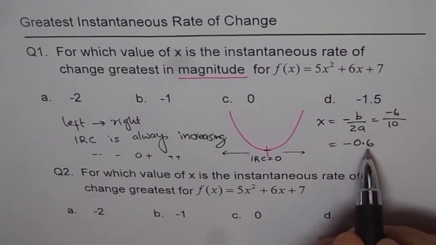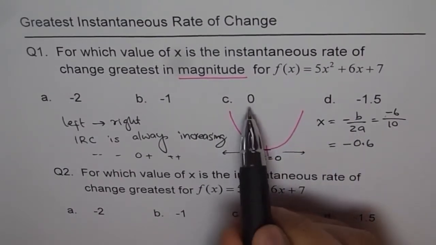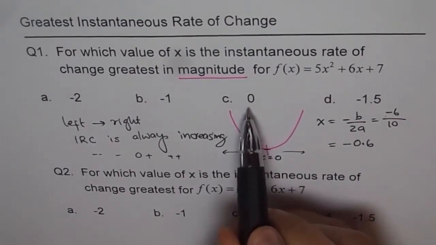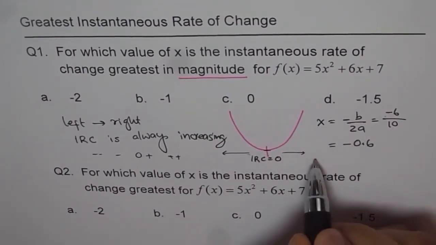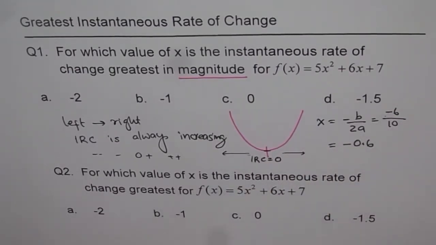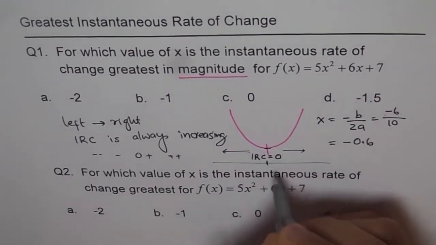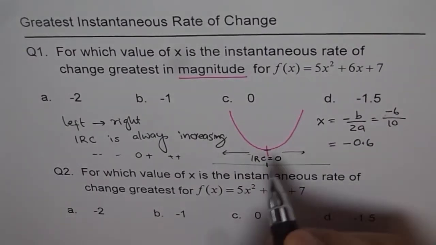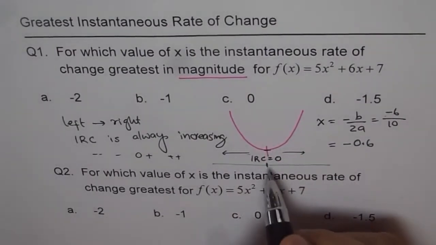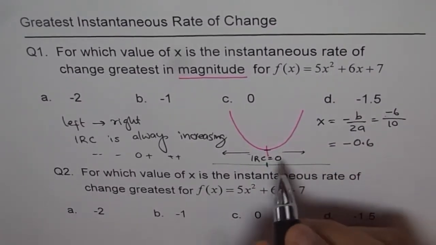Now that means minus 0.6, and most of the points are on the left side except for one, which is 0. So minus 0.6 on our scale is, let me draw it like this. We have the vertex here and this point is minus 0.6. Now 0 will be somewhere here, on the right side, just 0.4 units away.